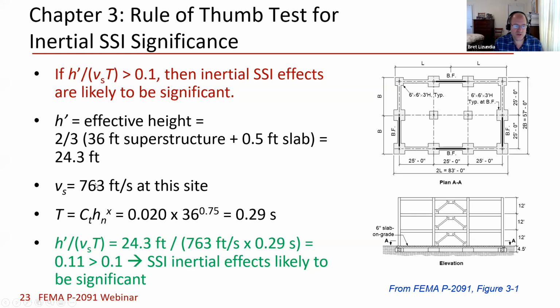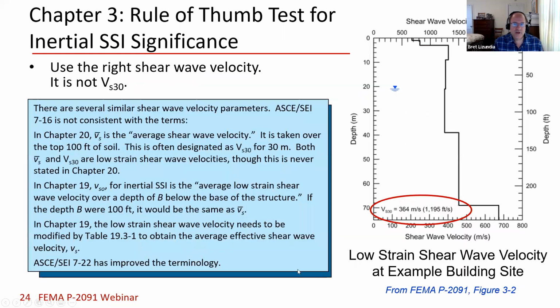Okay, so the VS is kind of tricky though. Where does that come from? Hopefully many of you are familiar with shear wave velocities in general, and know that geotechnical engineers can use those, and the building code has long had provisions to use those to help define the site class of a building. That's moving more and more in ASCE 7-22 to using that, and less to more traditional techniques like blow count.